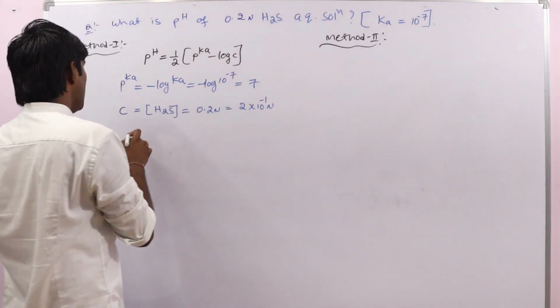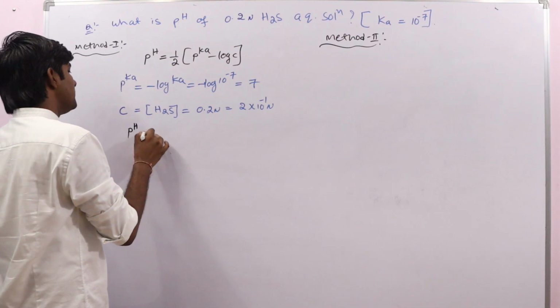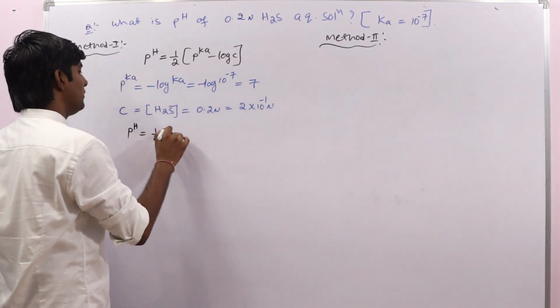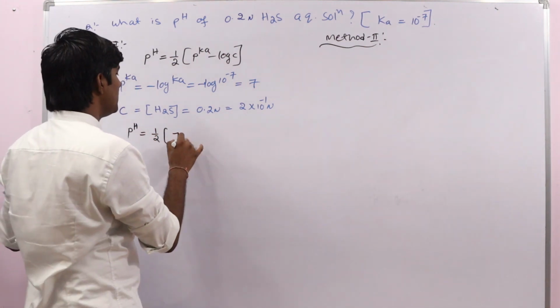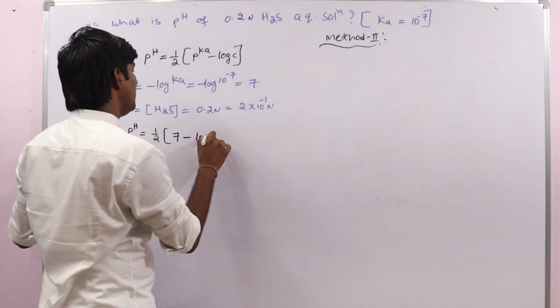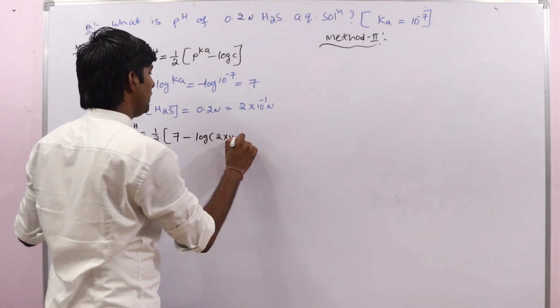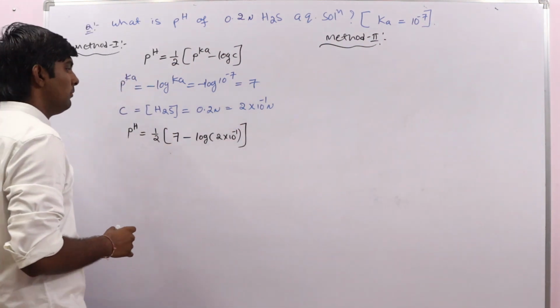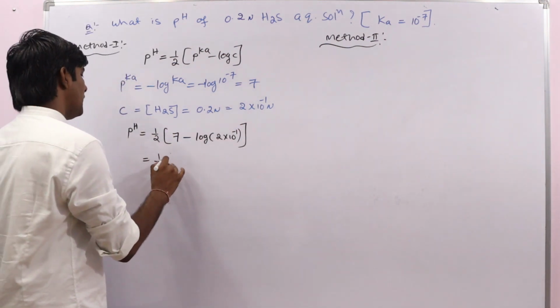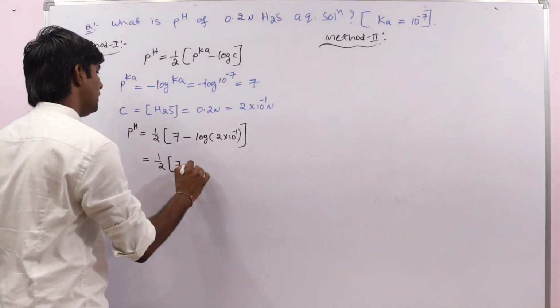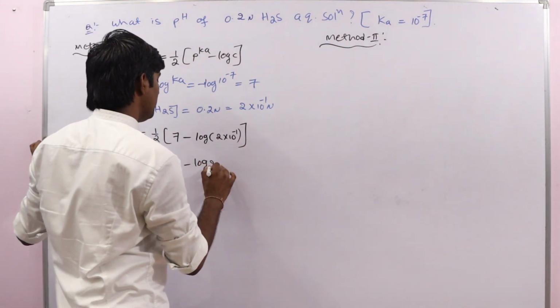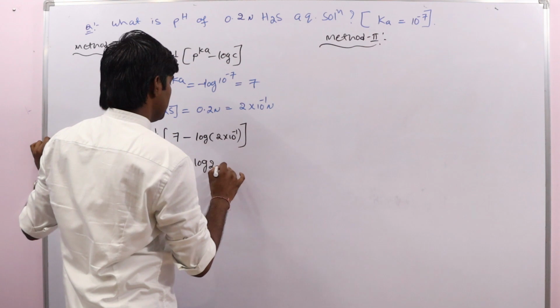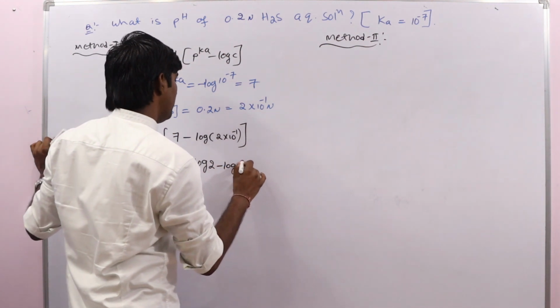Now substitute here in the formula. pH is equal to 1 by 2 into pKa, which is 7, minus log 2 into 10 power minus 1. This we can write 1 by 2 into 7 minus log 2 minus log 10 power minus 1.